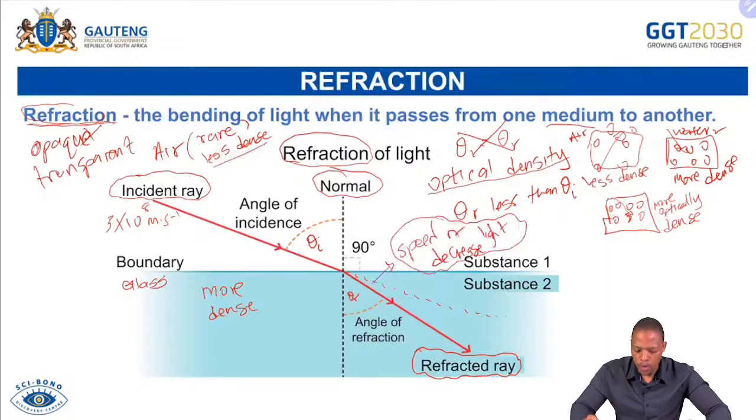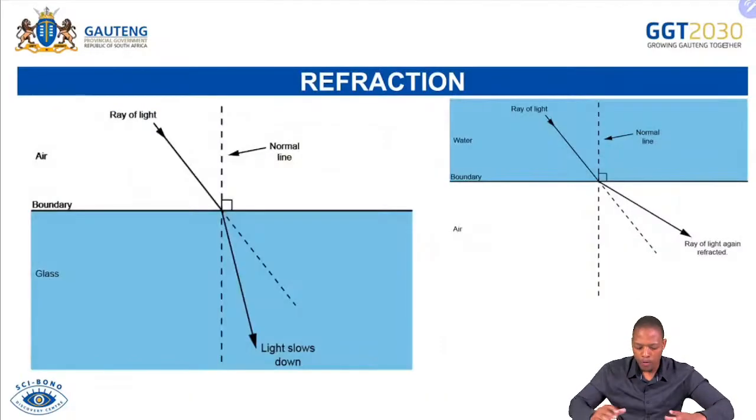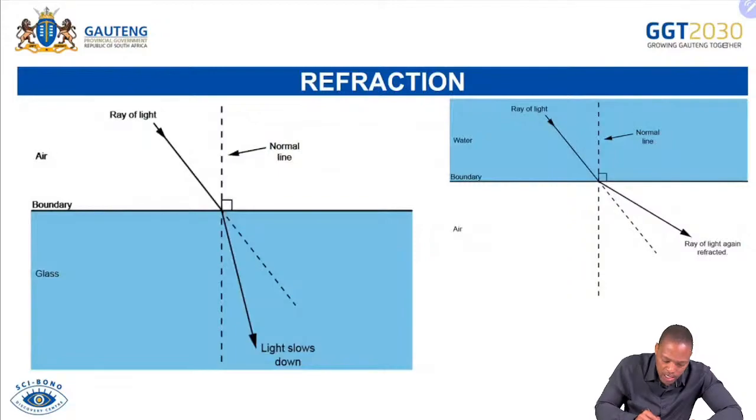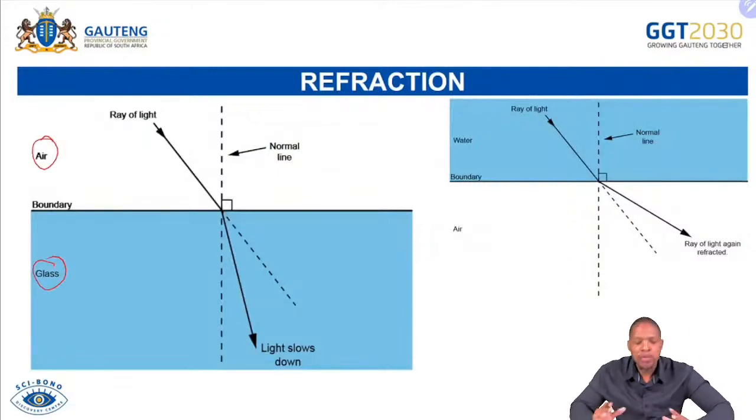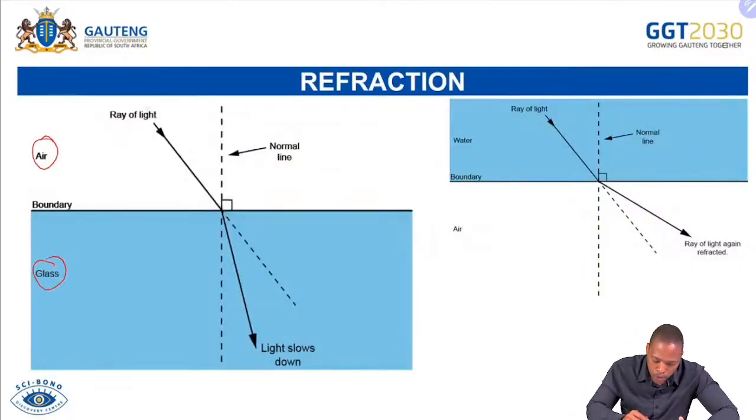But are we going to have light only moving from an optically less dense medium such as air to an optically more dense medium such as glass? Not always. But as you can see here, this is what we are talking about.